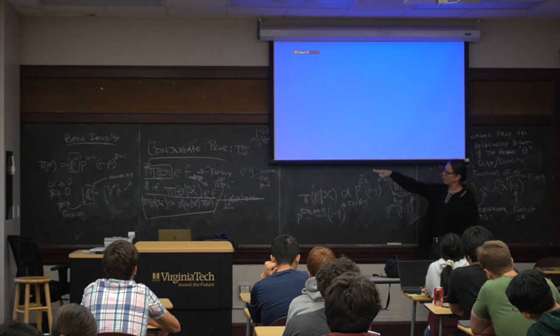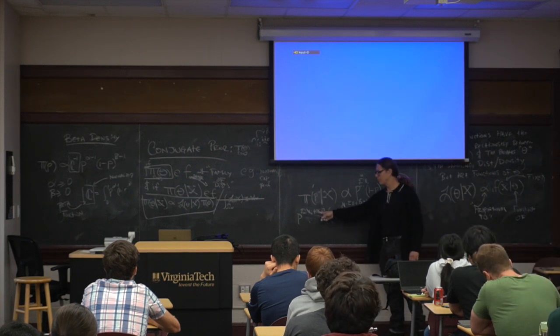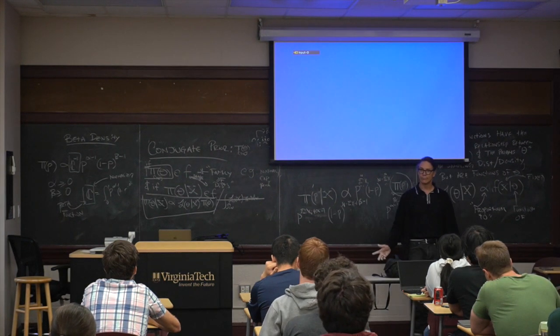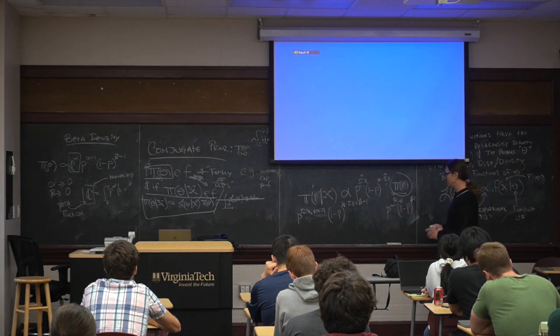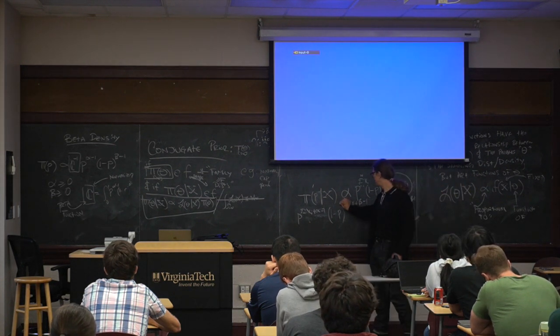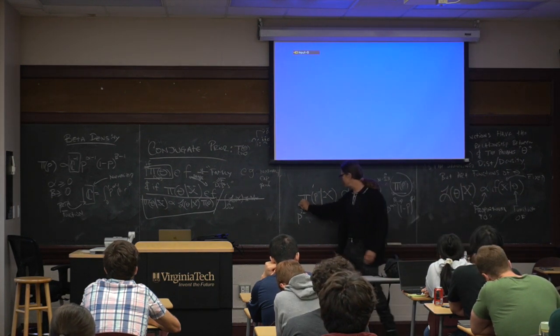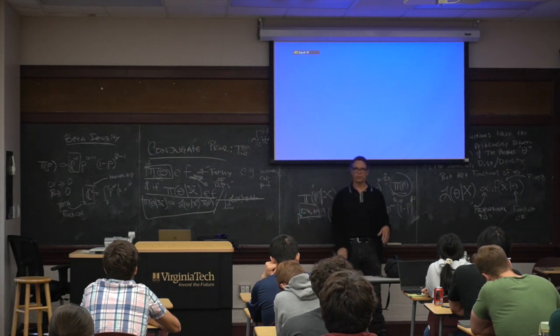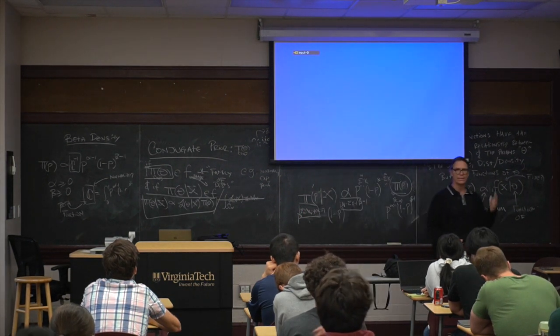The alpha and the beta are coming from the prior, and they're getting added in. What is this thing? This is some other beta density, and these are its two arguments. So conjugate analysis is just updating the arguments.